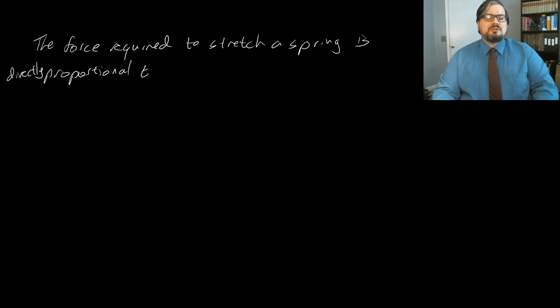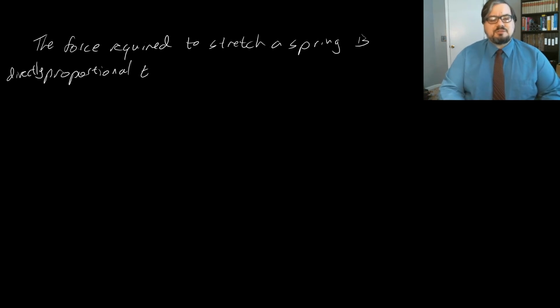When people use the phrase just "is proportional to," they mean "is directly proportional to." We'll see another version of proportion in a little bit, but directly proportional is the default. The force required to stretch a spring is directly proportional to the distance the spring is stretched.